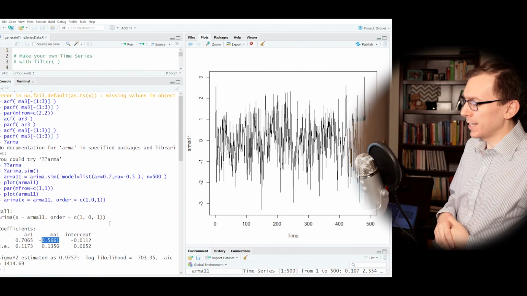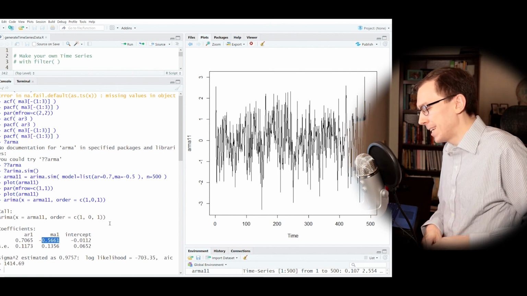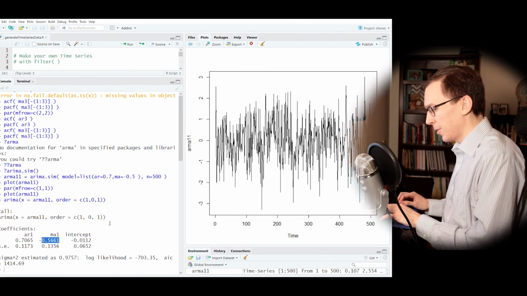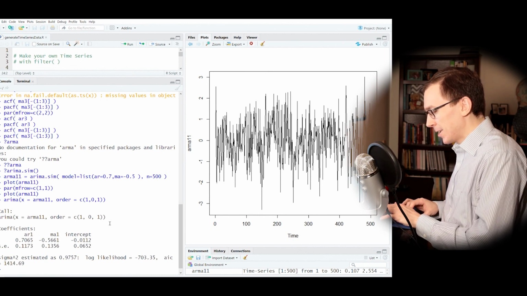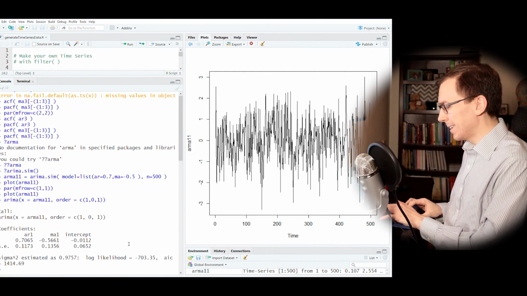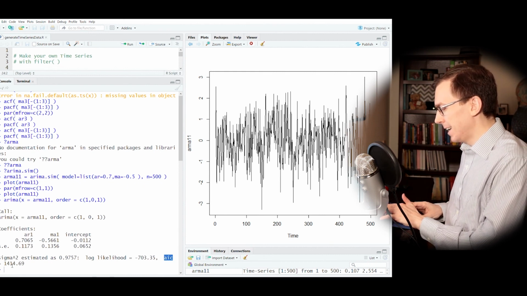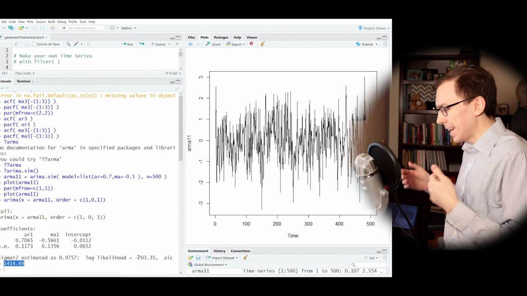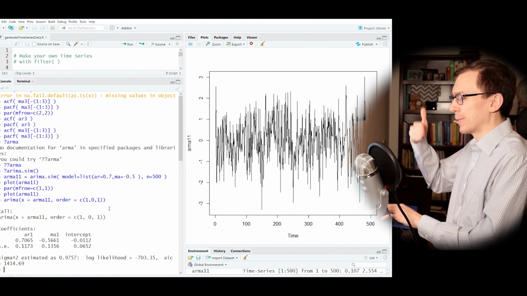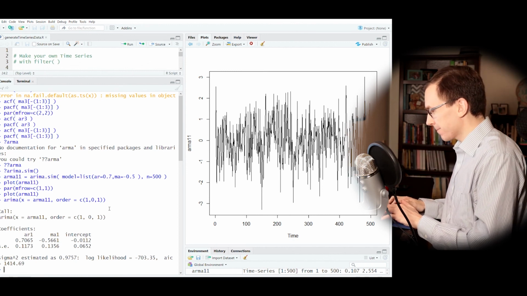So just using the ARIMA function in R, I was able to at least show that, yeah, I simulated this data correctly. So again, a priori, we wouldn't know what the order is. We would have to be looking at things like AICs and log likelihoods to try to get a sense of what the order for our time series process actually is, our ARMA or our ARIMA model.